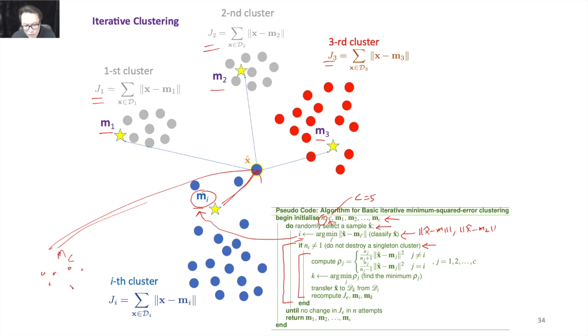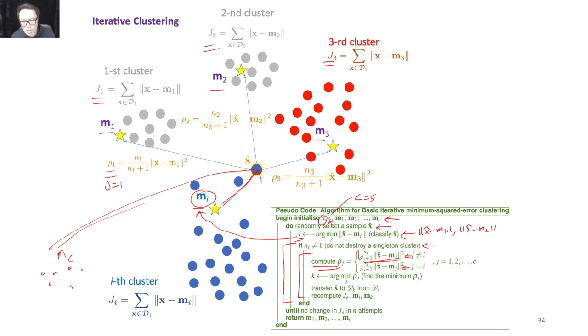In this process, the first step is that we are going to compute these values. So now we assume that we move x to m1, and then we will have this rho 1, because this x is from i. So you can see that we move i to j. We assume that now j is 1, moving this point from cluster i to 1, and then we use this formula.